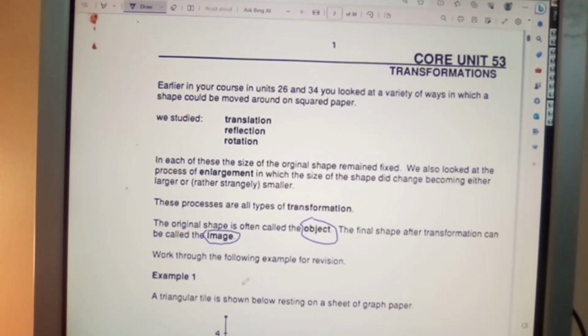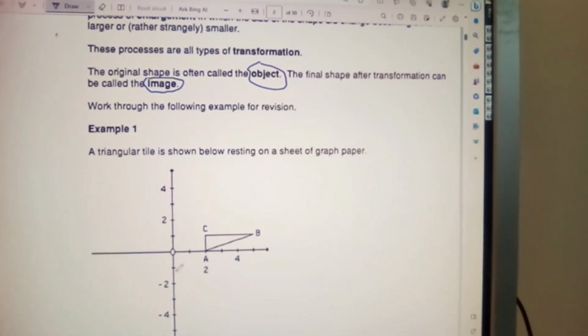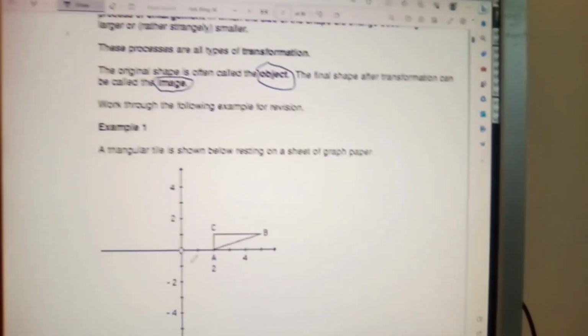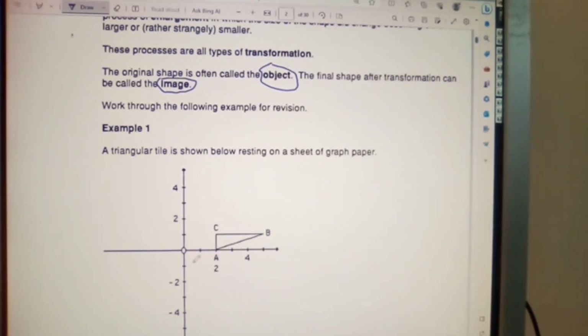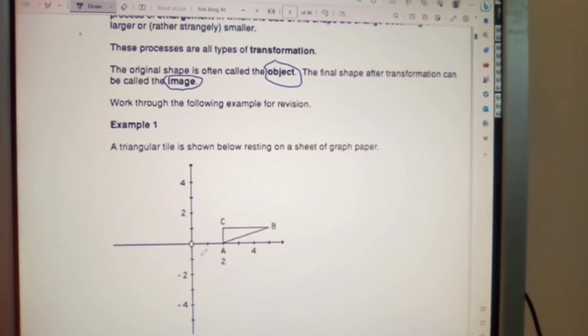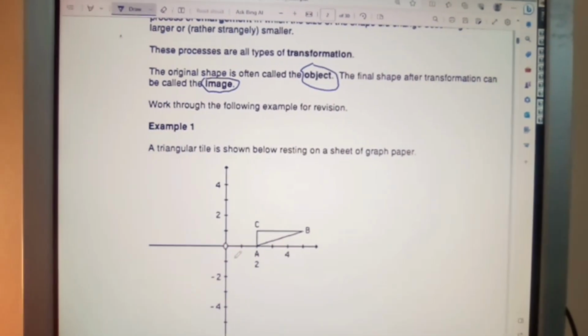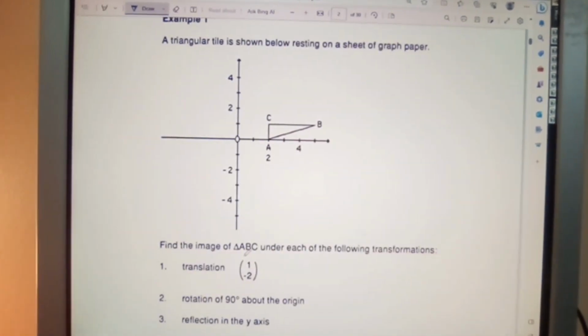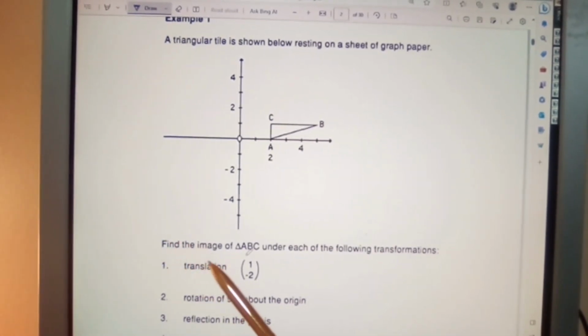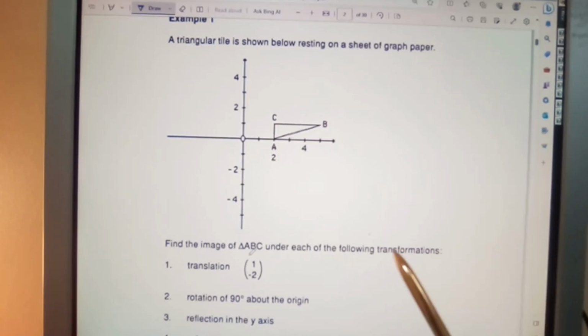Work through the following example for revision, okay? A triangle tile is shown below, resting on a sheet of graph paper. Find the image of A, B, C under each of the following transformations.